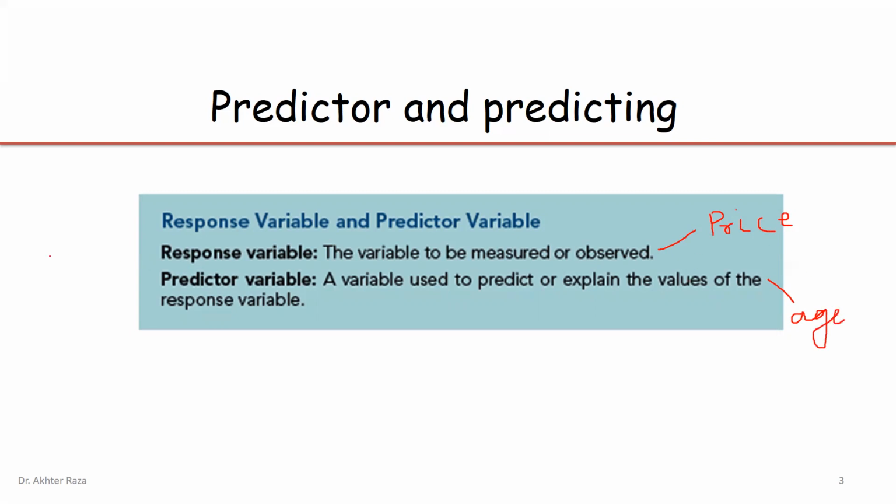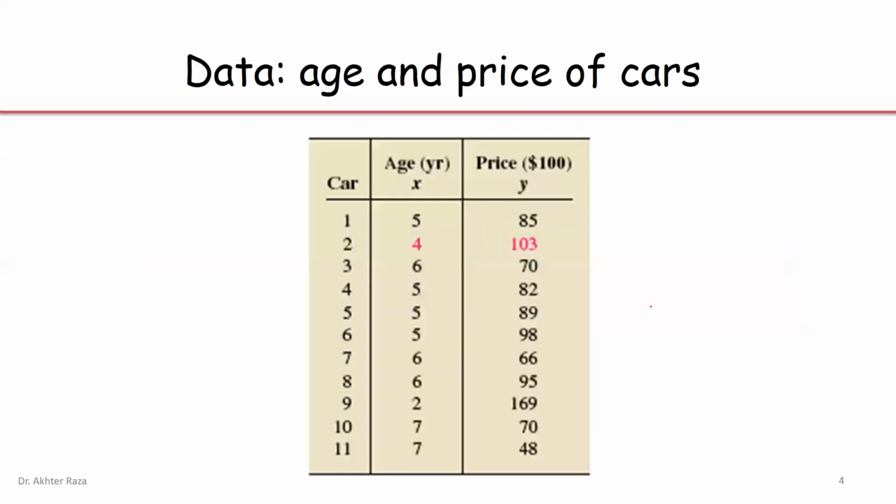So age and price, these are the two variables. Age is a predictor. We may have more predictors in the analysis, but we are going to start with the simple version of the example in which we are considering only the two variables. Ages are given here: 5-year-old car, 4-year-old car, and the prices in hundreds of dollars are given here: $8,500, $7,100, and $4,800.